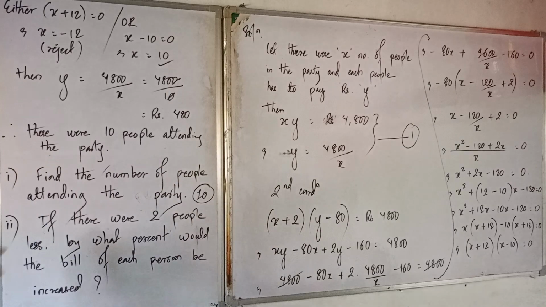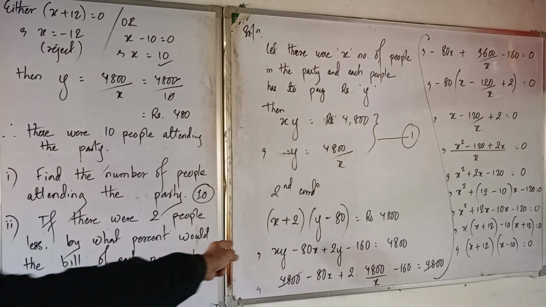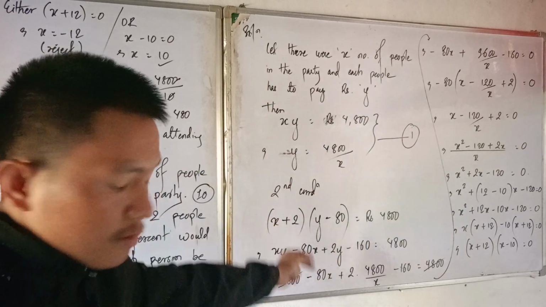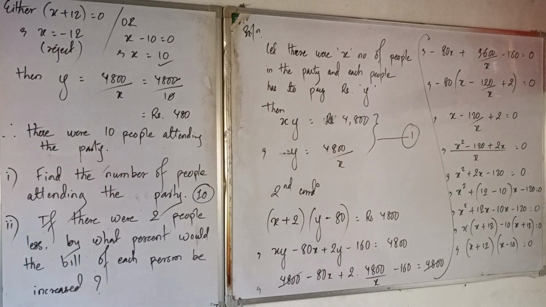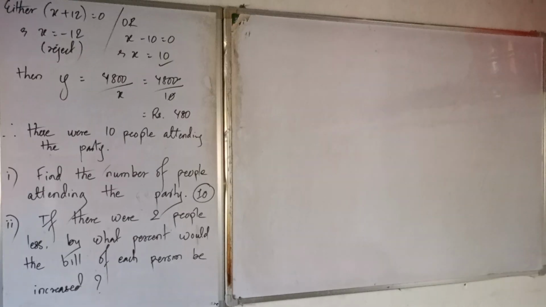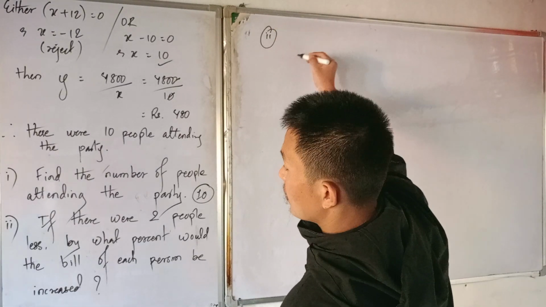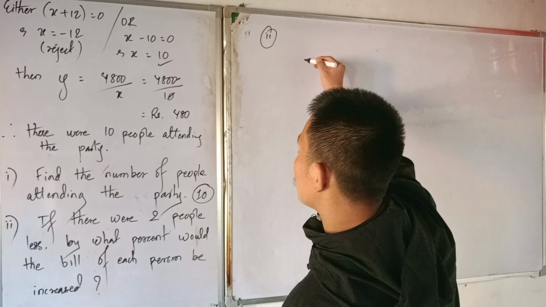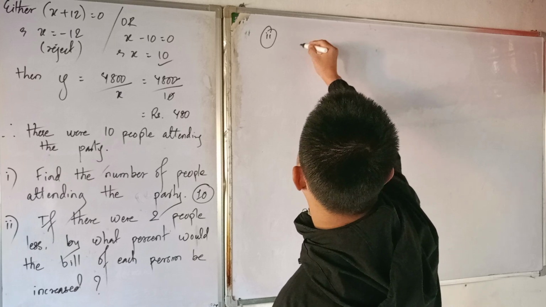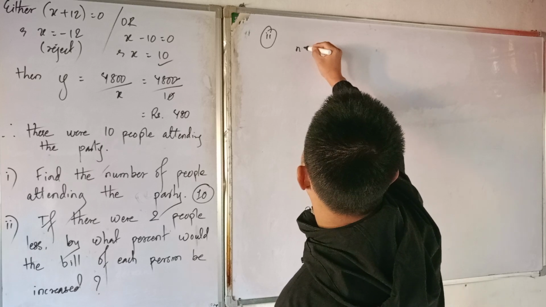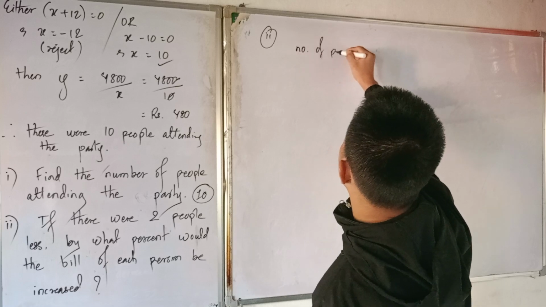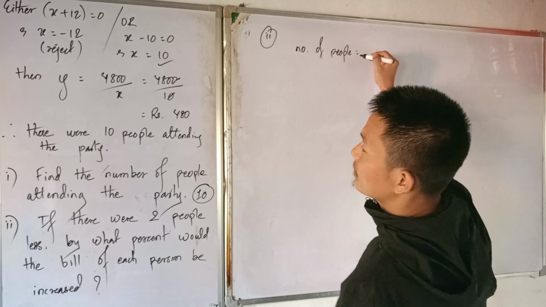So this number i question is finished, and now number ii. I'll rub this. Okay, I think we have finished this. If you haven't finished, you can take a screenshot. For this number ii, if there were two people less, number of people is actually 10.